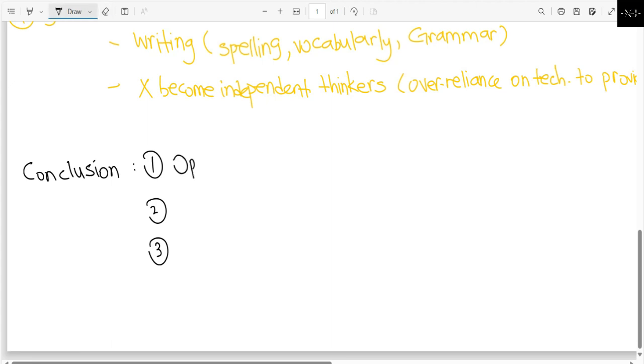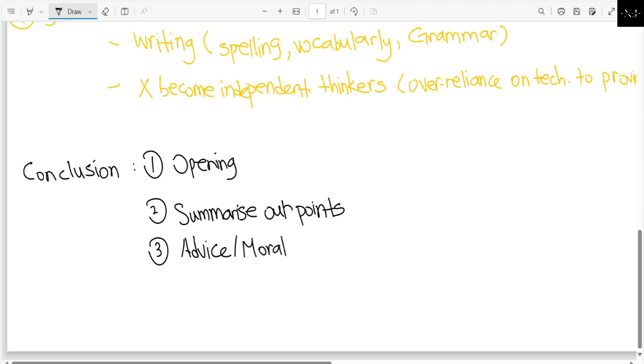Then we summarize our main points in the essay. And then last but not least, we can give some sort of advice, a moral value if you have any, or even a call to action, basically encourage someone to do something.